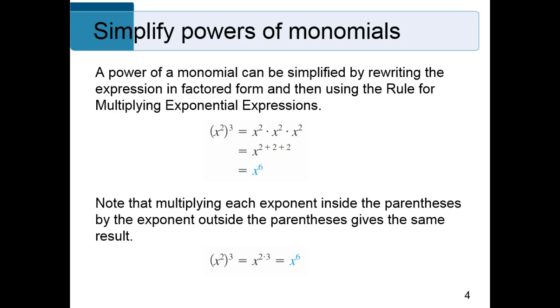Now they're doing a power of a power. Well, what does it mean? Anything cubed, what does that mean? Multiplied by itself 3 times. So this would be x squared times x squared times x squared. And then that's x, 2 plus 2 plus 2 is 6. So you can do it that way.